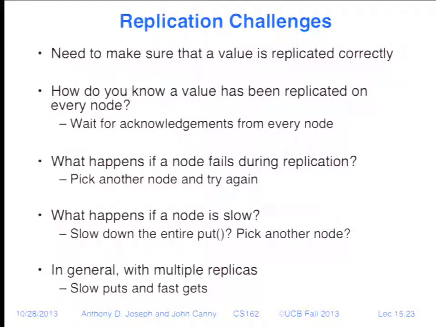Yeah? If you create a replica and then you get the acknowledgement that it was successful, and then that replica just shuts down? Well, typically you won't discover that until you request. That's a difficult case, right?